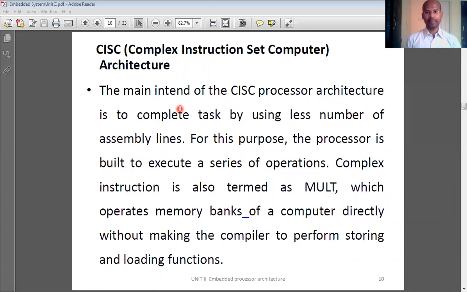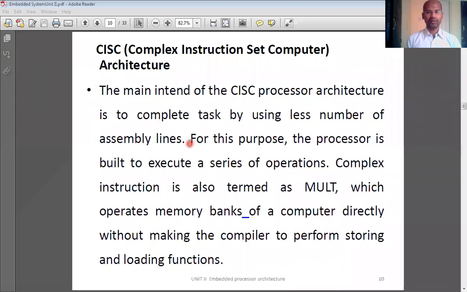If you write the code for the same task for a RISC machine, it takes 40 lines or so. So it reduces the complexity or burden of the assembly programmer. With that intention, these CISC machines were made.